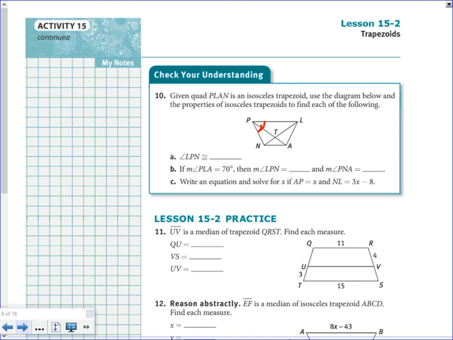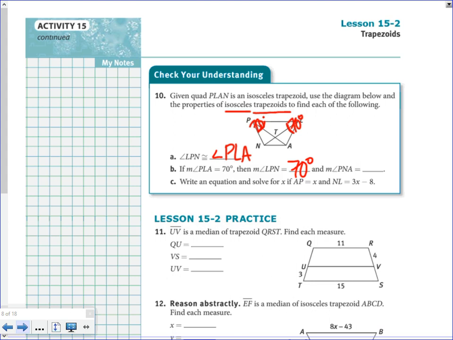It is going to be congruent to its base angle over on the right side, which is angle PLA. Those are base angles and they have to be congruent because we have an isosceles trapezoid. If we know that the measure of PLA is 70 degrees, that means that the angle measure of LPN is also going to be 70 degrees.